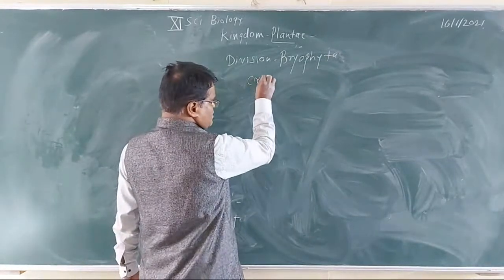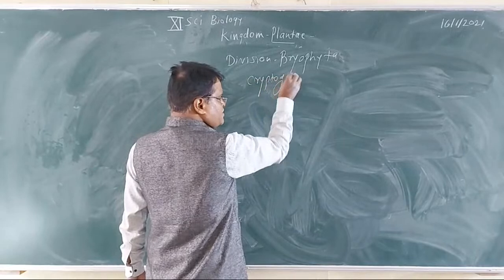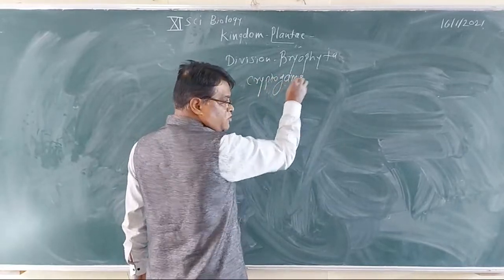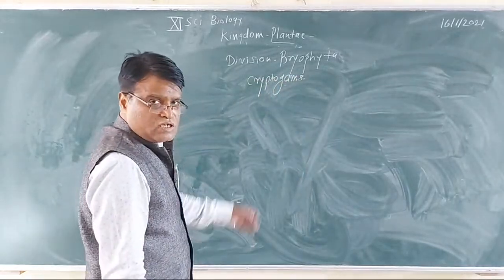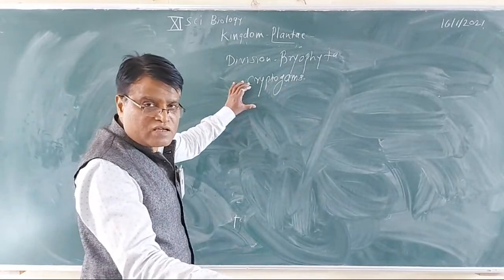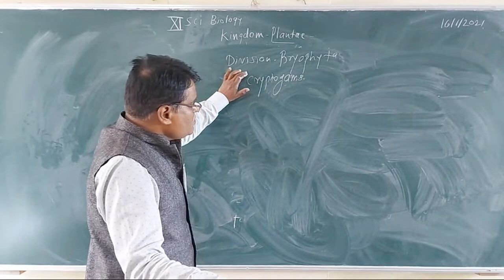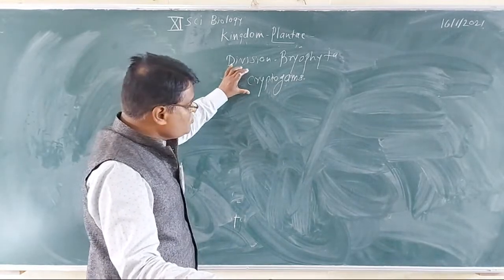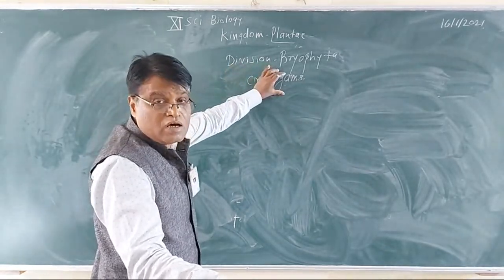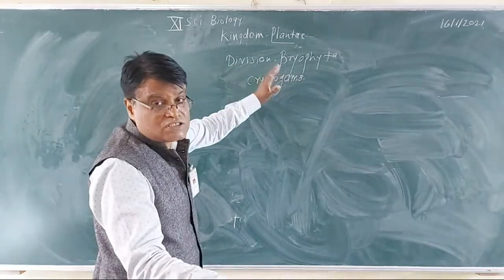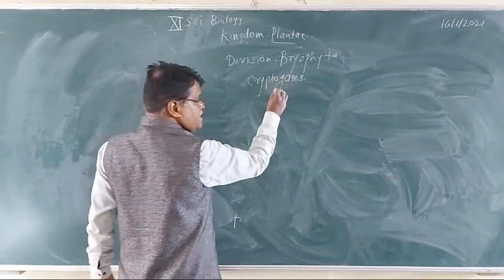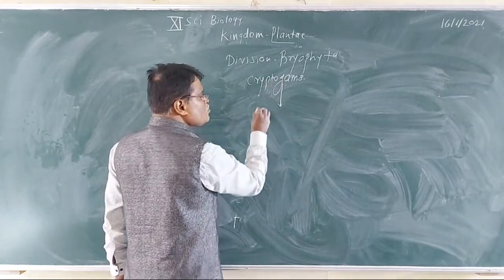They are cryptogamous, or cryptogams, isn't it? Seeds and flowers are absent. Crypto means hidden. Gamous means the reproductive parts are hidden.